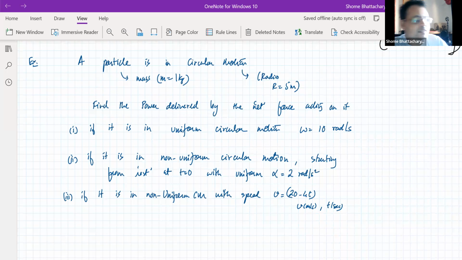And the third case, again, it's non-uniform circular motion, but this time the speed during the circular motion is given as a function of time as 20 minus 40t. So in each case, we have to calculate the net power, or the power delivered by the net force. So this will also help us revise the concepts of circular motion, the 2 types of acceleration that you may or may not remember: tangential acceleration, centripetal acceleration, and those kind of things.